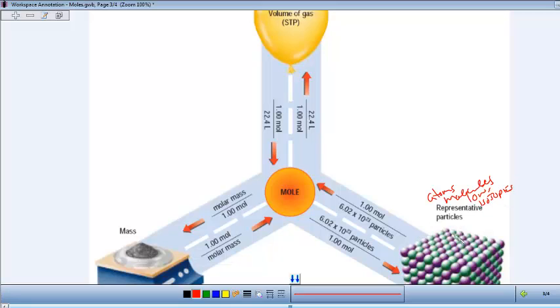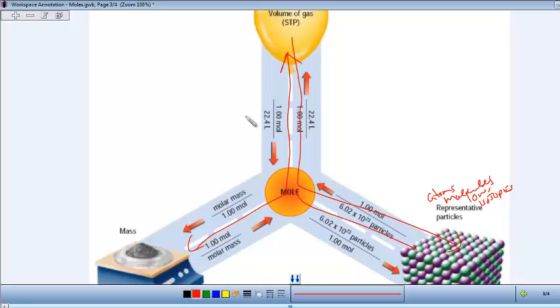But whenever you're going from any number of particles and you want to go to the mass of those particles, or if it's a gas, you want to go to the volume of those particles, you have to go through moles, okay? And that's what this diagram is trying to tell you. If you're going to go from particles to mass, you have to convert to moles first, okay? If you're going to go from particles to volume of a gas, you got to go through moles. Same deal. If you're going from the volume of a gas to how many gas particles you have, you got to go through moles, okay?